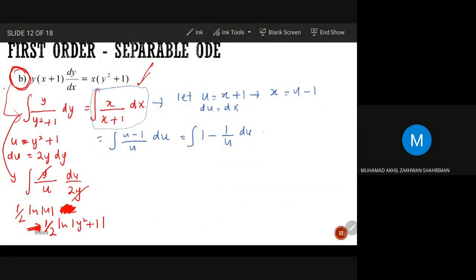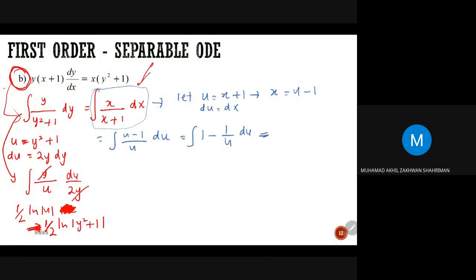So this one we will get integration of 1 minus 1 over u du. You will get u minus ln u plus 1.